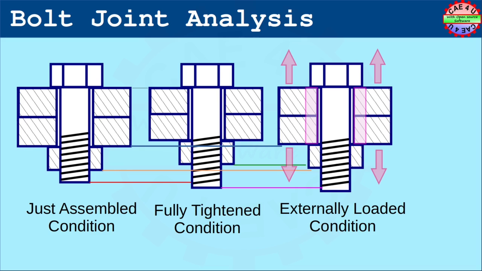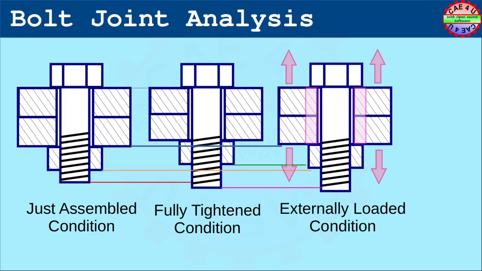So let us see what happens when the external load gets applied. We have the assembled condition at the leftmost side. In the middle we have the fully tightened condition, and in the right we have the externally loaded condition.